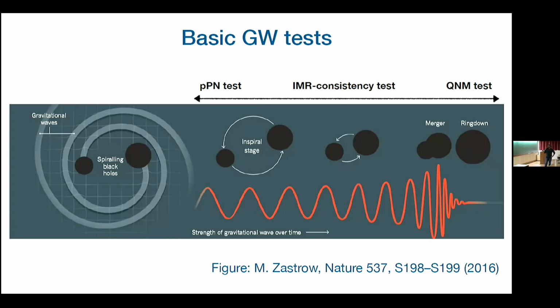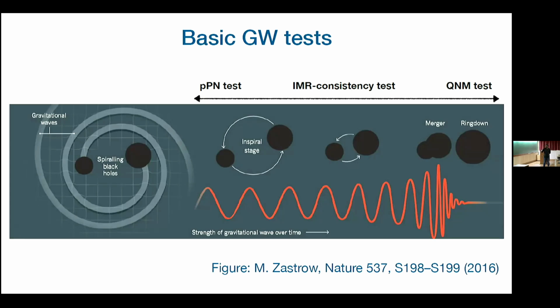Then you have the test known as the QNM test, where you consider the ringdown part of the signal and ask the same question: whether the ringdown part is consistent with the GR prediction. Then there is a slightly more complicated test than these two, known as the IMR consistency test, where you chop the signal into two parts. Let's say you chop it here.